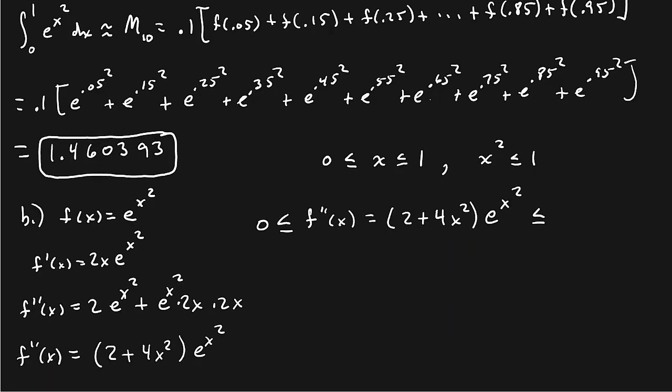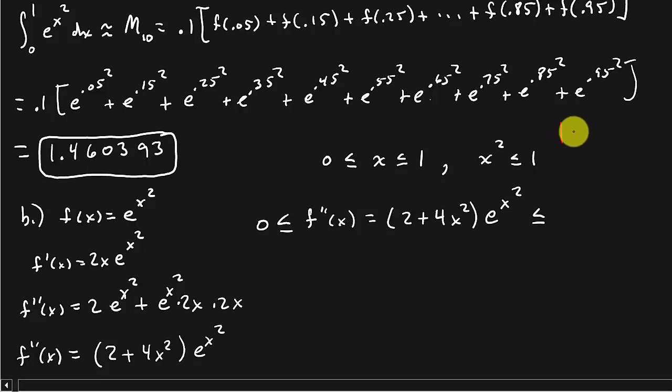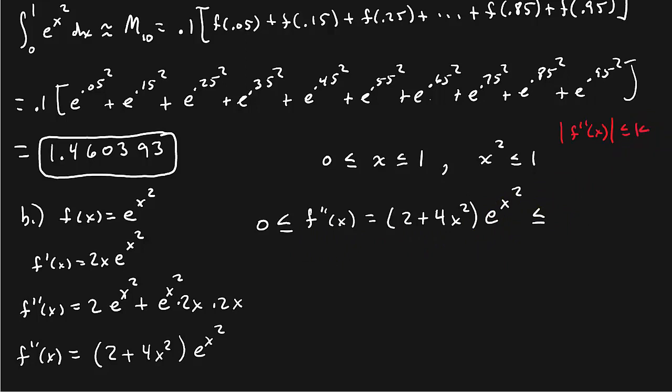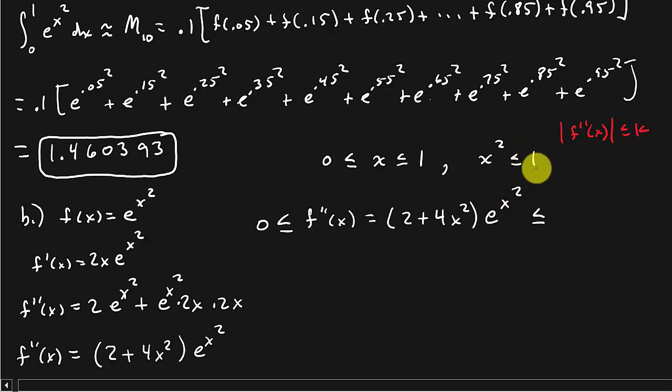Because remember up there in the formula, remember what it says. It says the absolute value of f double prime of x is less than or equal to K. That's what we're trying to find, K. All right, so we know that x squared is less than or equal to 1.